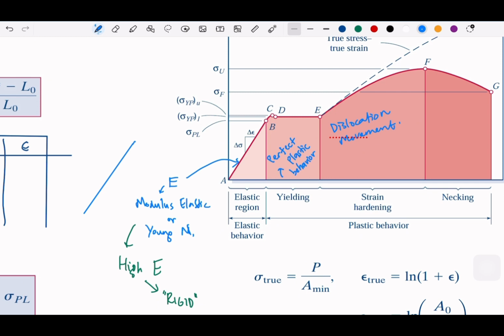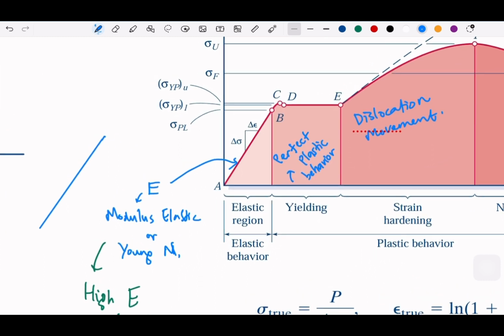So this is what we call the proportional limit. So this is proportional, or let me just write proportional.